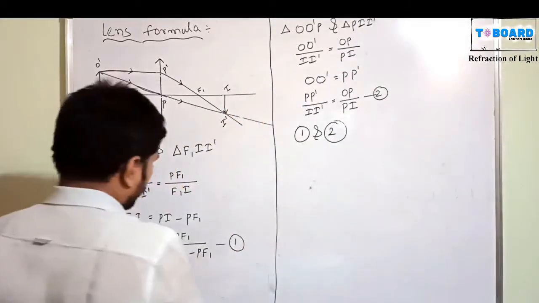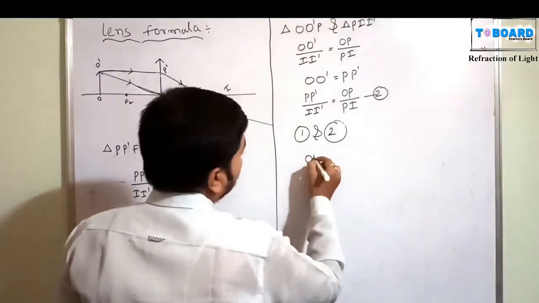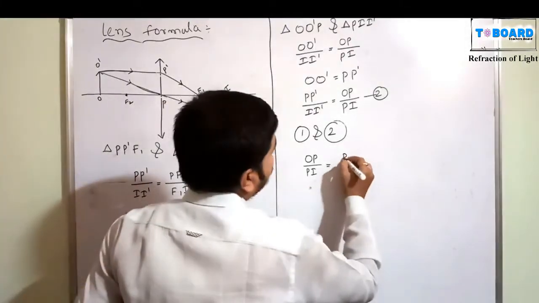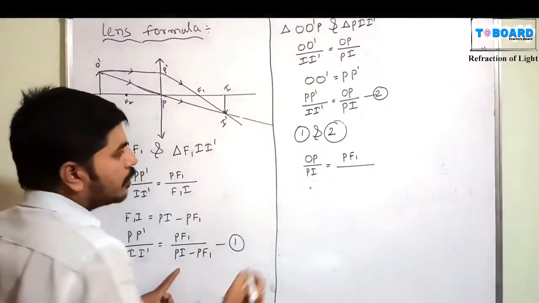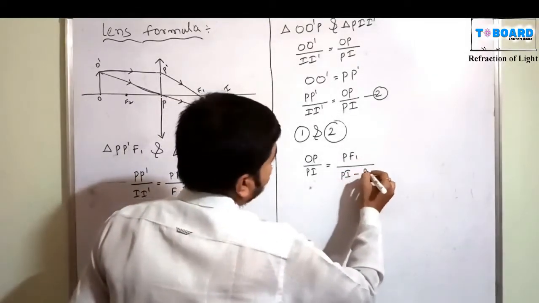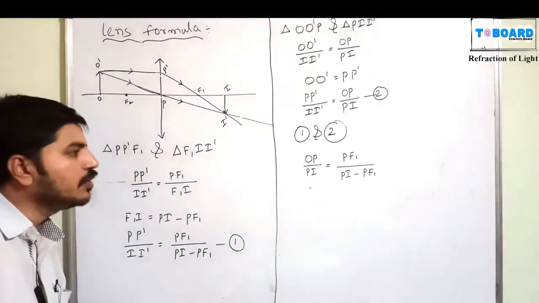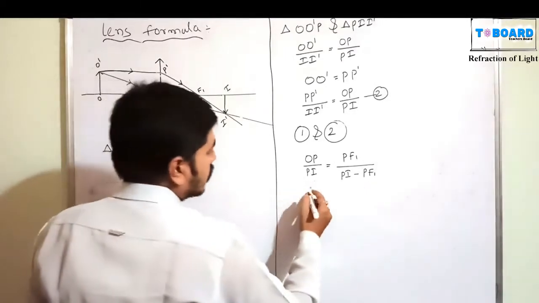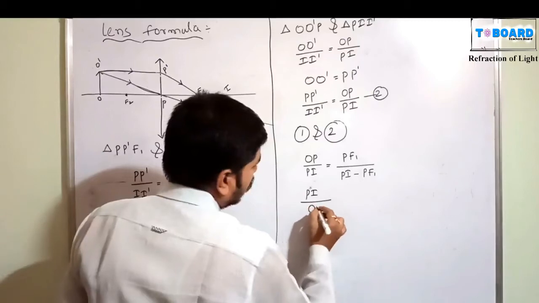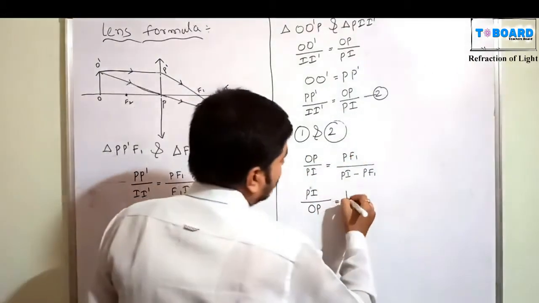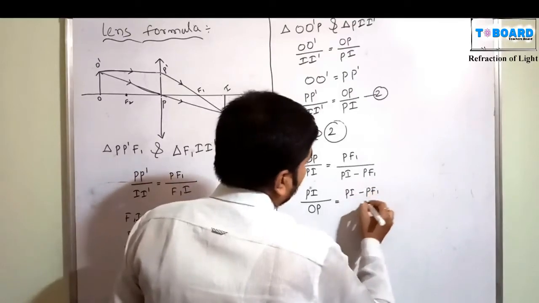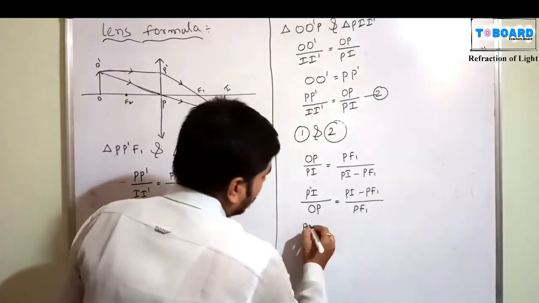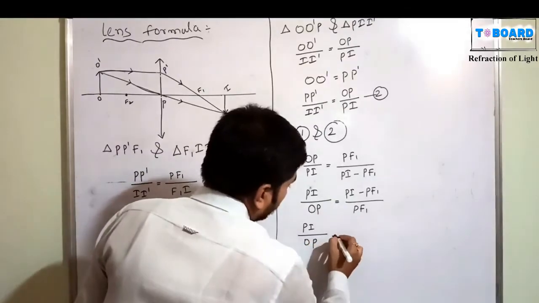So OP by PI is equal to P F1 by Pi minus P F1. Now I am going to take the reciprocal of both sides, that is, reverse them. So PI by OP is equal to Pi minus P F1 divided by P F1.